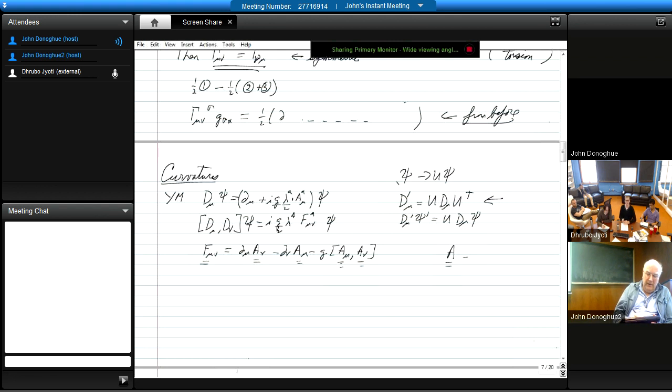Those guys are all matrices. This A with a double bar under it is lambda a over 2 A. So it basically is notation for usual derivatives and then a quadratic piece.